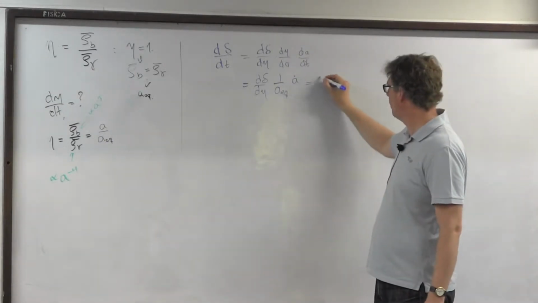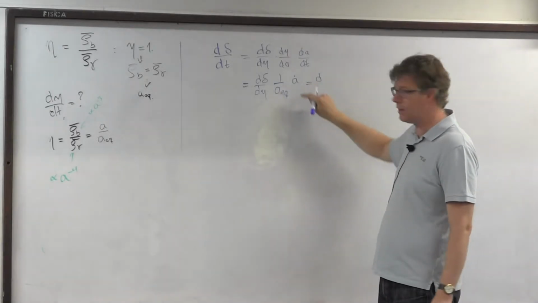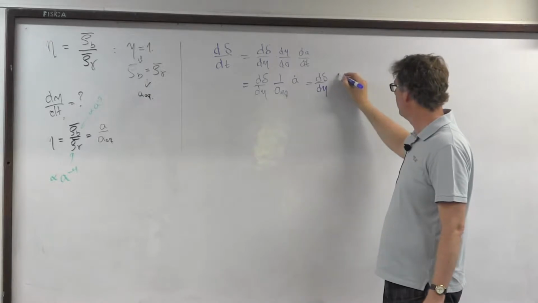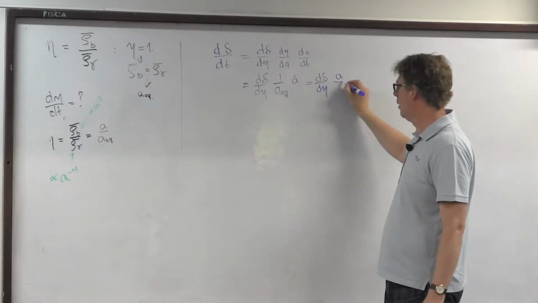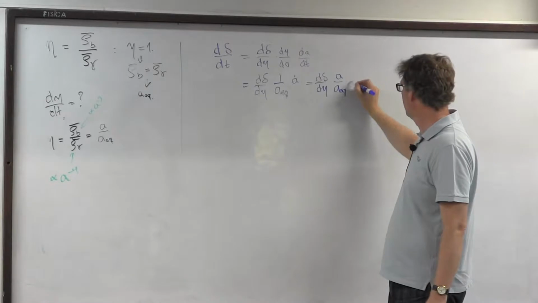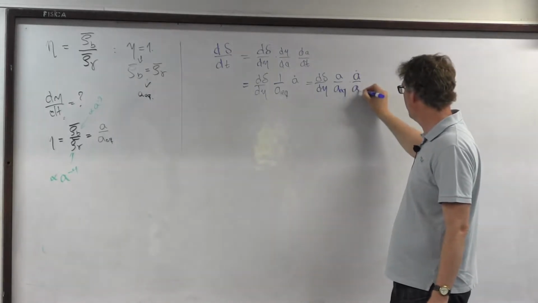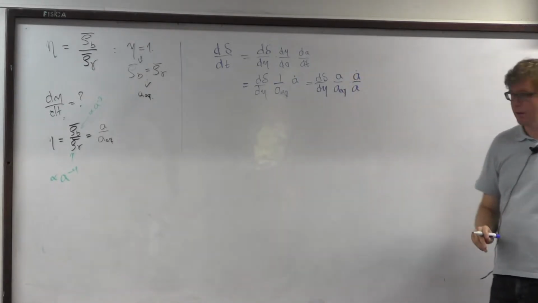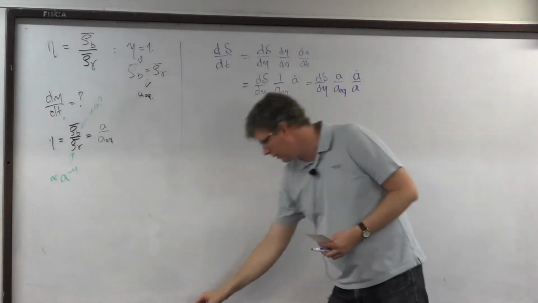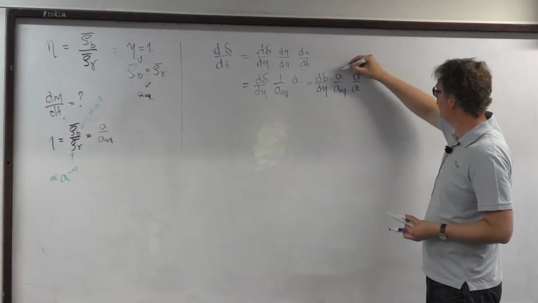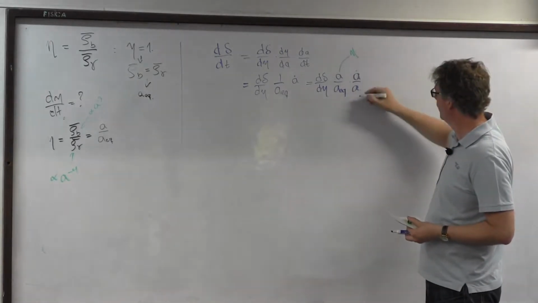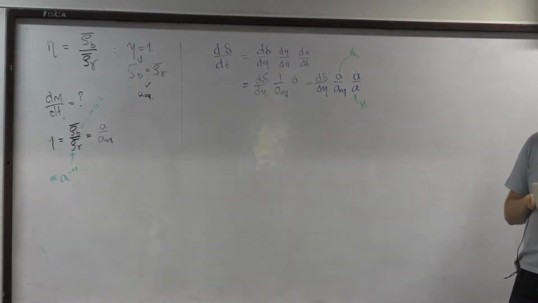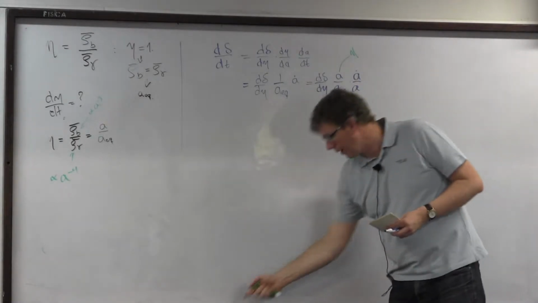So I can do that by multiplying and dividing by A. D delta d eta is A over A equality times A dot over A. I just multiplied and divided by A. And then the nice thing now is that this here is eta and this is H. So that's the nice and convenient way of changing variables.